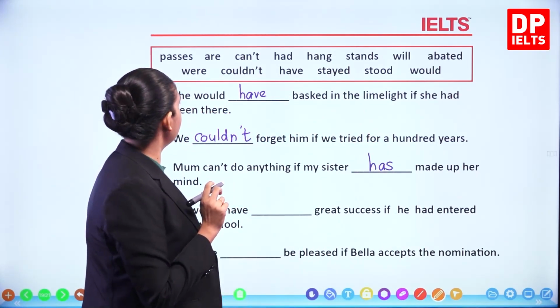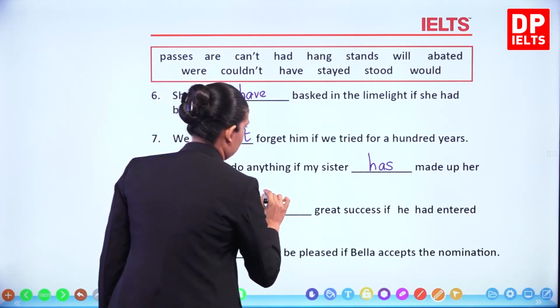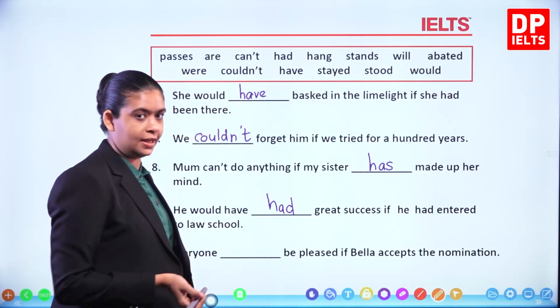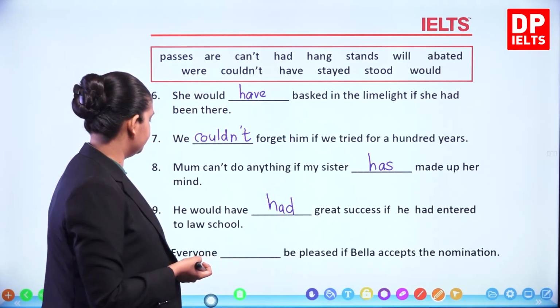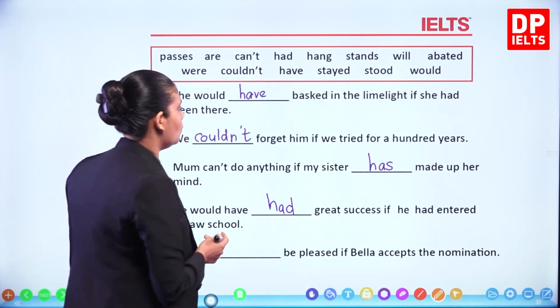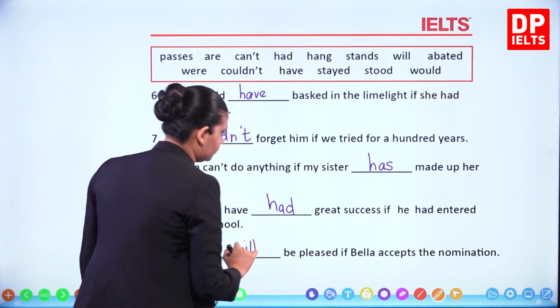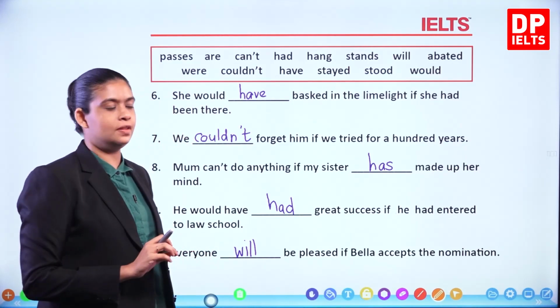He would have had great success if he had entered law school. Everyone will be pleased if Bella accepts the nomination.